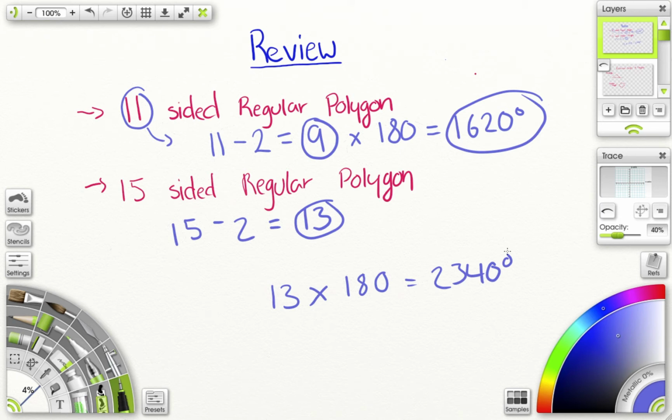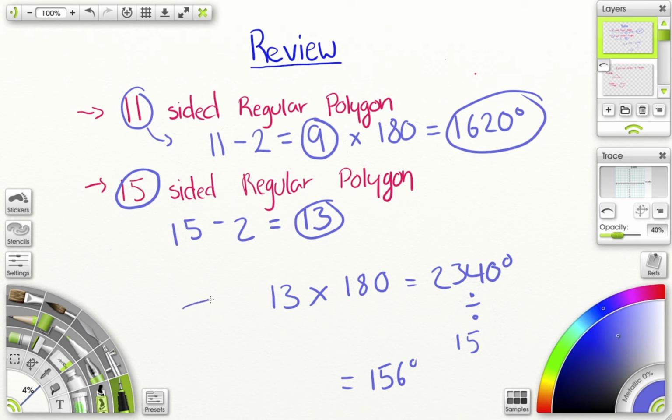To figure out each individual angle, I take that 2,340 and I divide it by the number of angles, which is the same as the number of sides. So in this case, it's 15. So 2,340 divided by 15 gives me 156 degrees. So each angle would be 156 degrees.